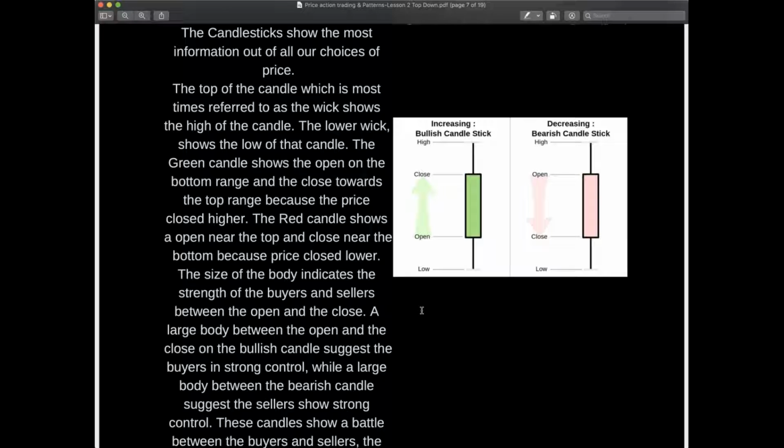The green candle in the middle or the red candle in the middle shows the open and the close of the day. The green candle is going to close on the top of the range, whereas the red candle is going to close on the bottom of the range because the price closed lower.